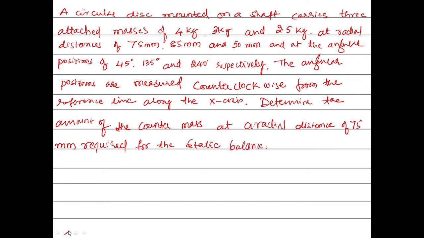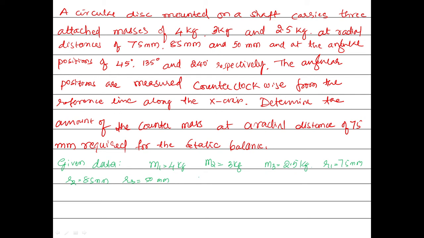Okay. So first note all the given data. M1 is 4 kg, M2 is 3 kg, M3 is 2.5 kg. R1 equals 75 mm, R2 equals 85 mm, R3 equals 50 mm.